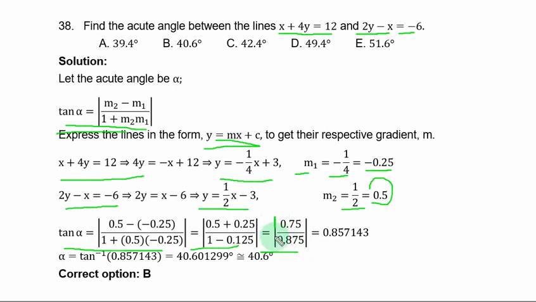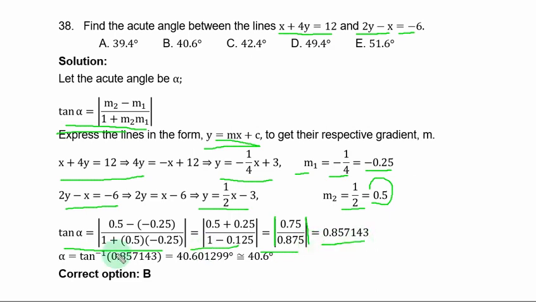Now, what this symbol does is to ensure that all negative values are converted to positive. If the values are positive, they remain the same. After division, you have this result.